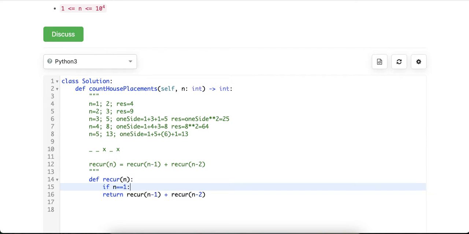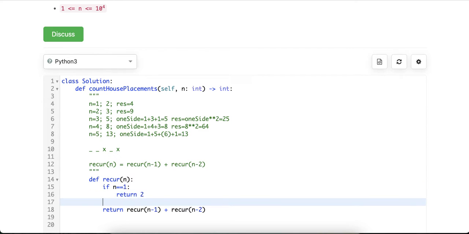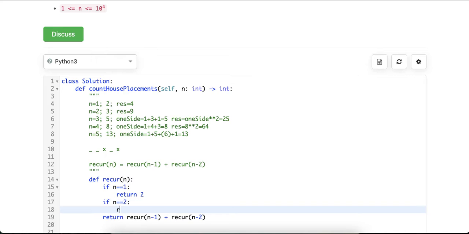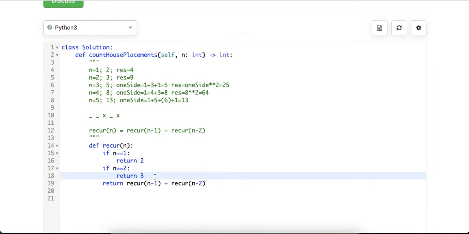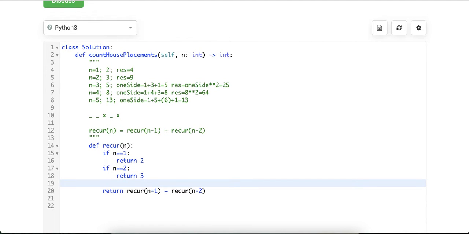When n is 1, we return 2. If n is 2, we return 3. Basically this one, okay? And then after that, we need to do memoization to make this efficient.